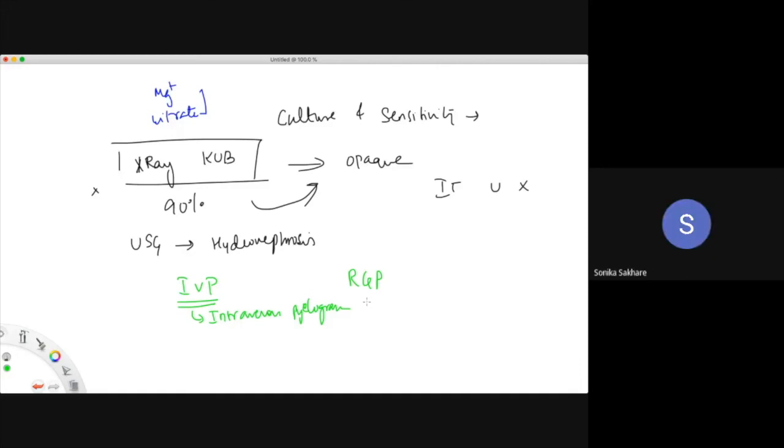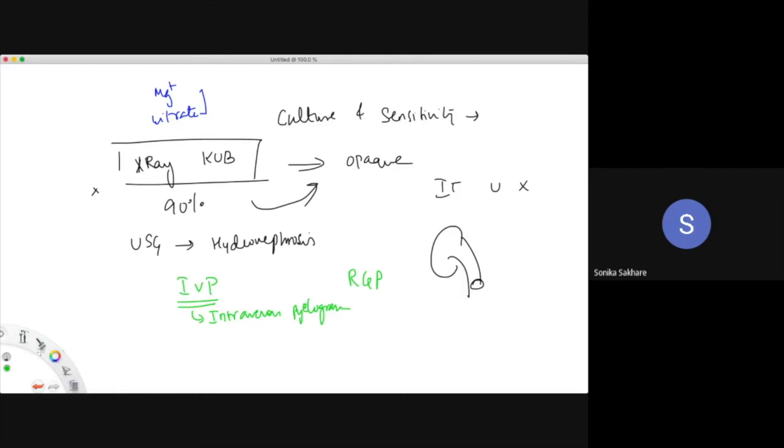If there is a block, there is no flow of contrast, you know there is an obstruction. Here you are going to get to know the renal function also, whether the kidneys are producing urine or not. And you'll also get to know the proximal part of the obstruction. This is the kidney. Let's say there's a stone over here.